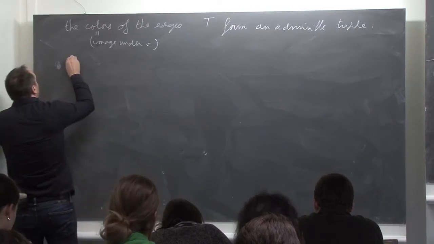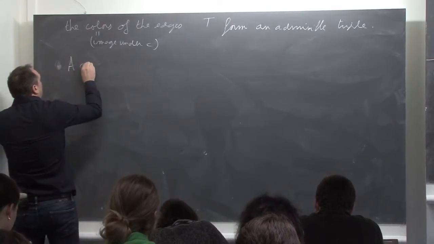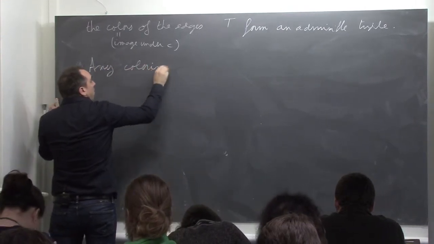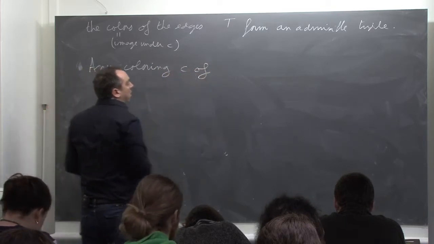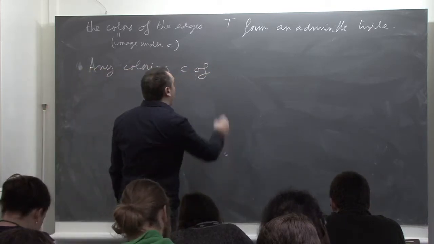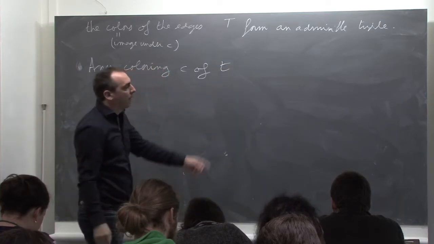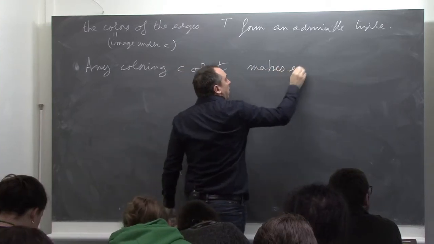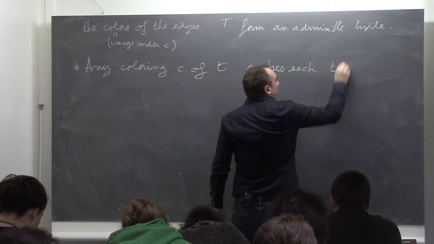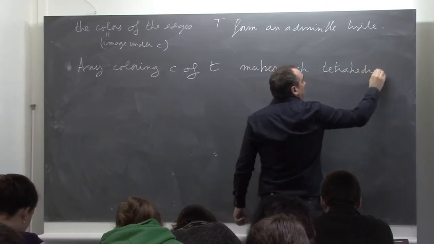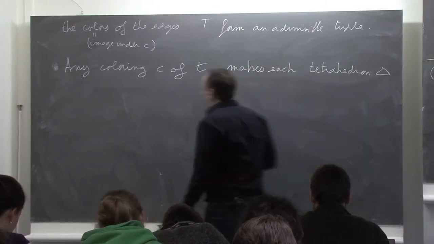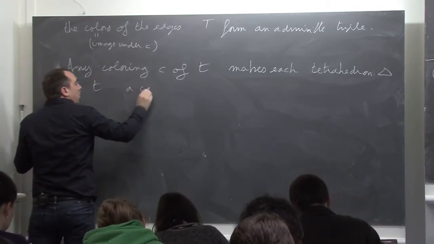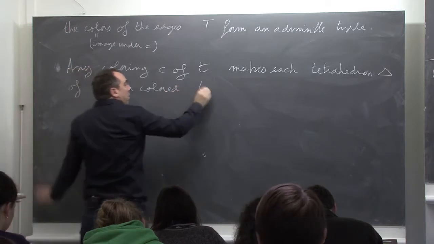So now if I take a coloring of our triangulation, by definition, it makes each tetrahedron of the triangulation a colored tetrahedron.